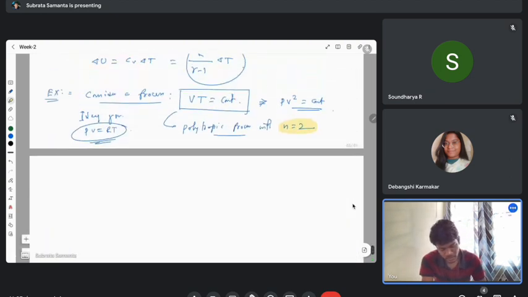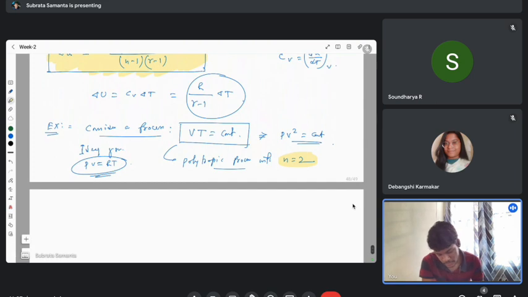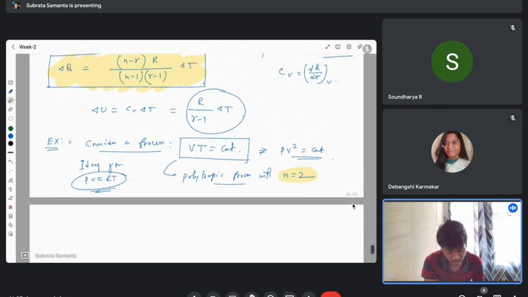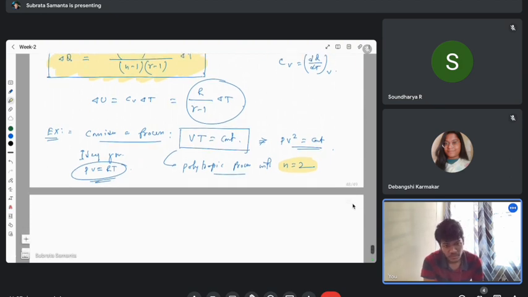So if we ask what is the change in the heat delta Q in this process, once you know that n equals 2, we just put it into the formula and we get the value, right?